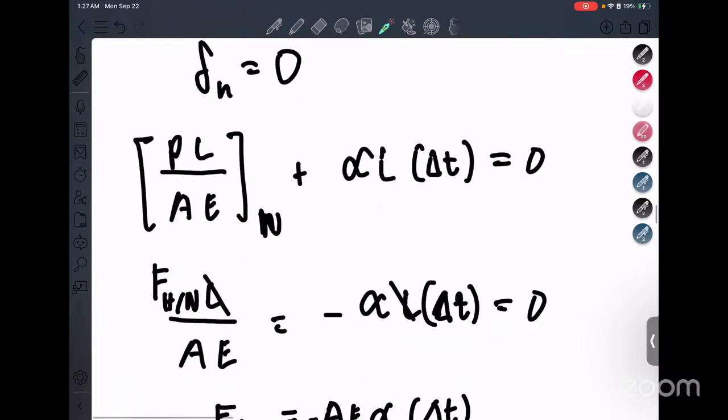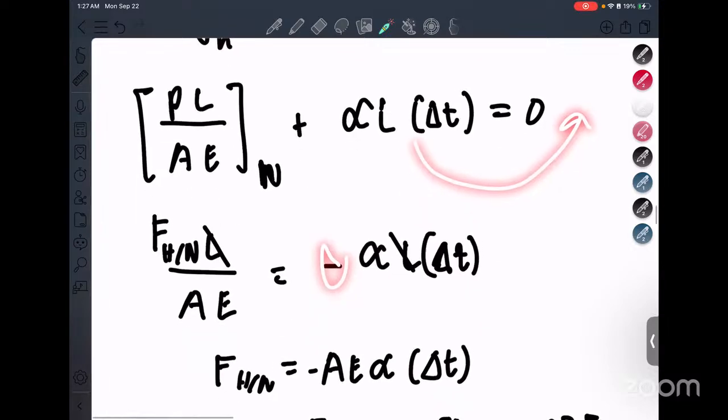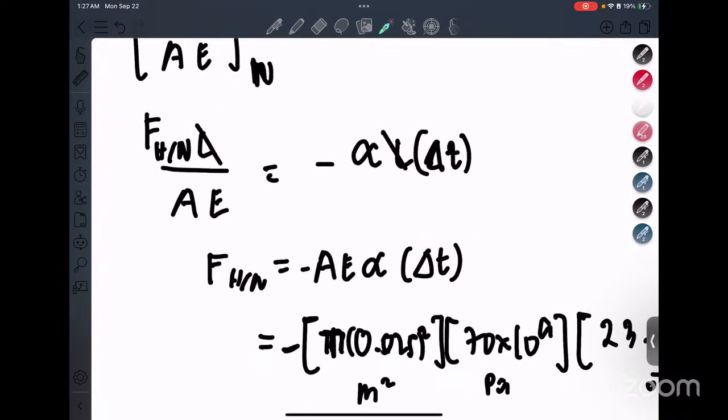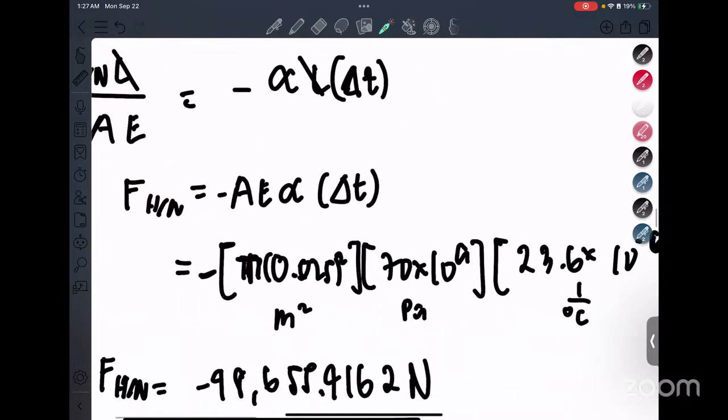Meaning, what I did here is I just moved this to the right hand side, so it becomes negative. This will be okay. Just wait, the lengths will cancel. So now this I transferred to the right hand side. So FHN is equal to A times E times alpha times delta T. This is just the area, 0.025 squared times pi.